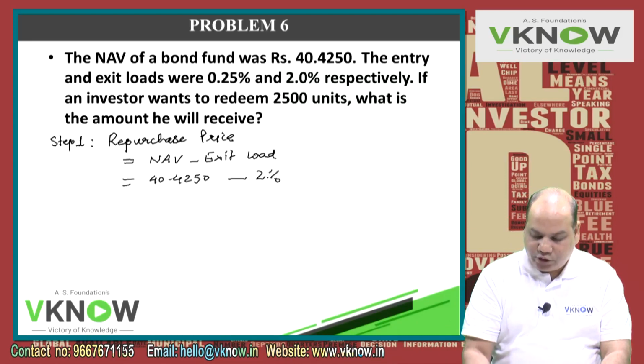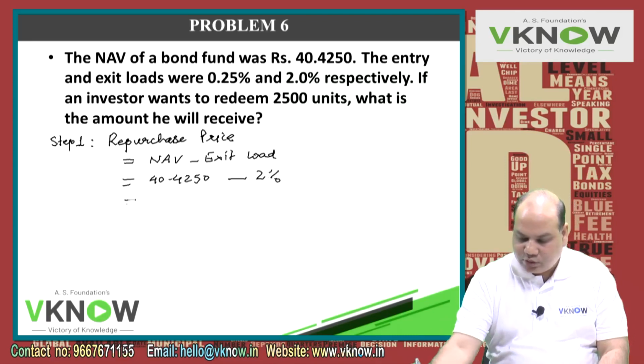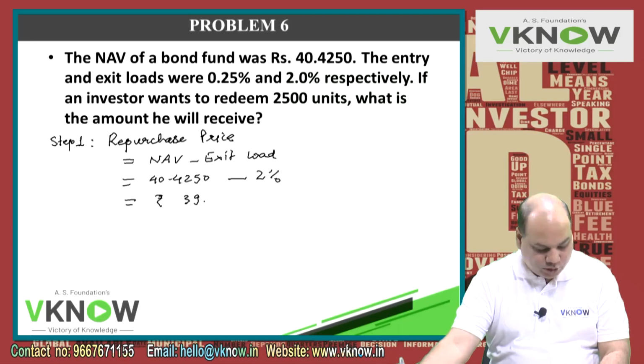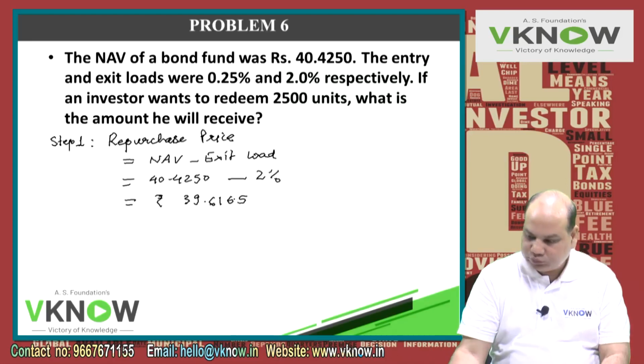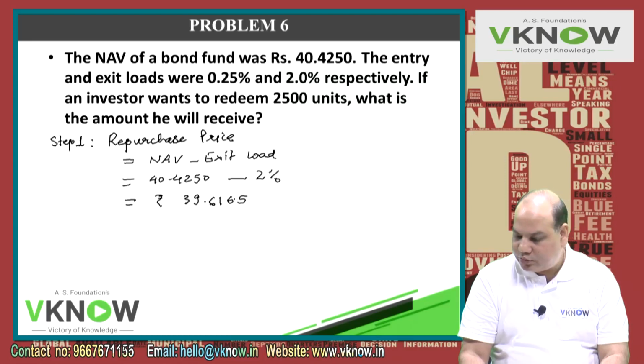So that is equal to rupees 39.6165. Let me try again. 40.4250 minus 2% is 39.6165.